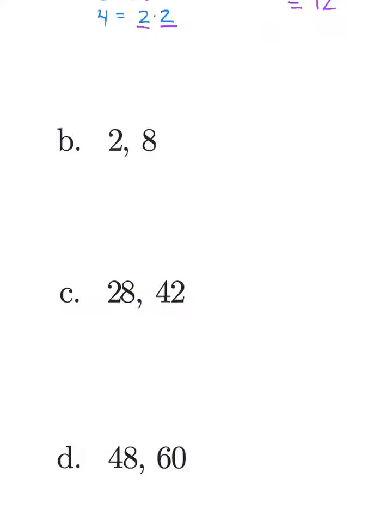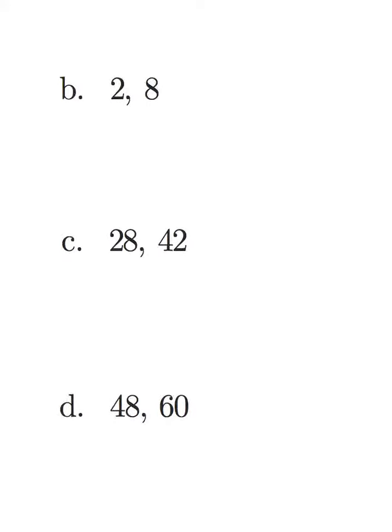Looking at example B, we want to go ahead and again start by doing the prime factorization. So 2, since it is a prime number, it's just equal to 2. 8 is equal to 2 times 4, and 4 is equal to 2 times 2. So to start with, for our LCM, I want to put any common factors that they have.